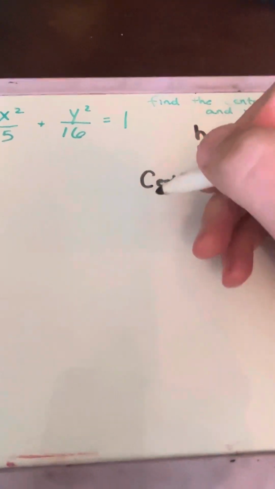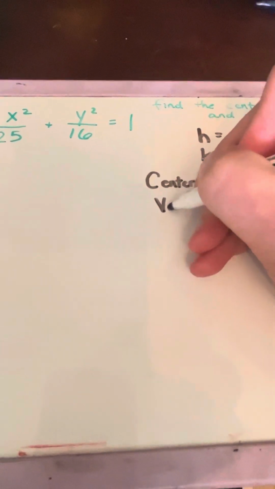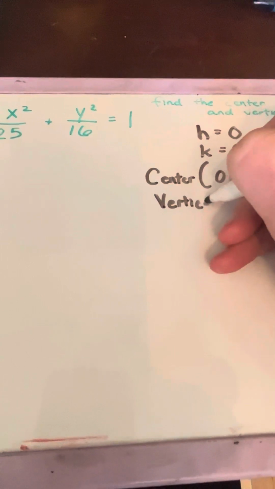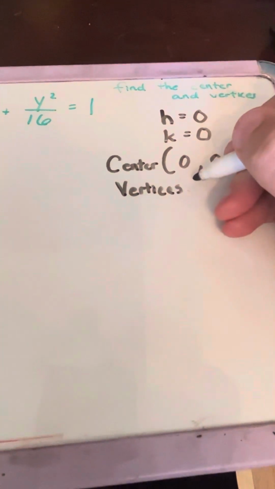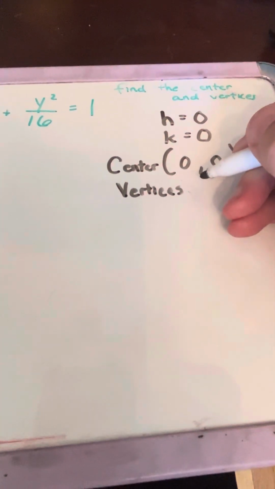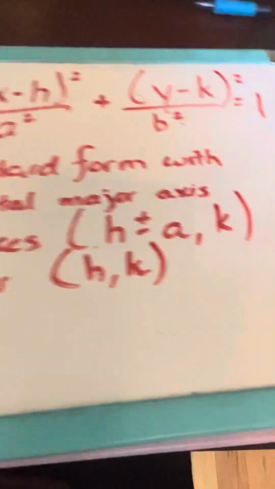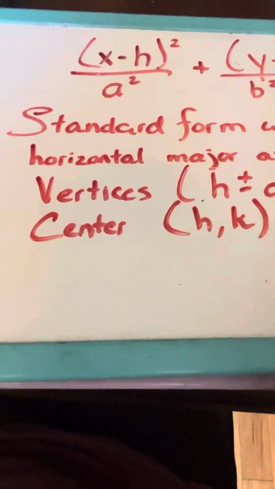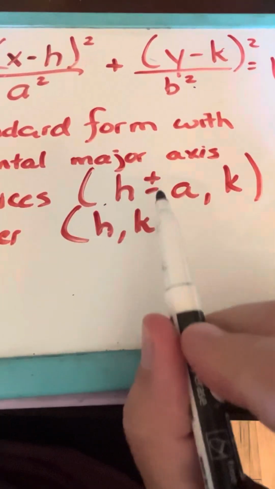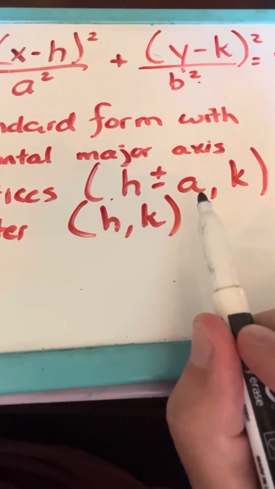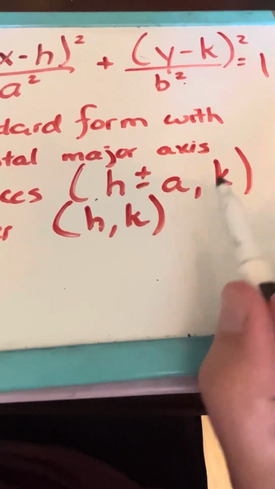Now, vertices, however. Do we remember what the formula is for that? Let's go back over to our formula. Our formula for the vertices is going to be h plus or minus a, and then k.